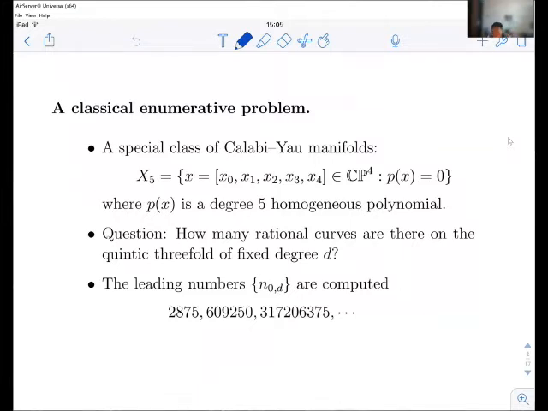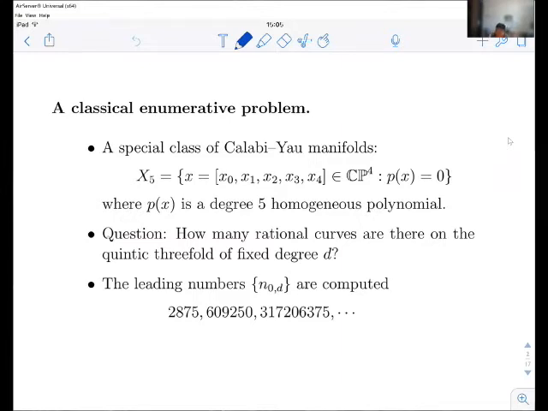We can see they are very large, and if you use the classical way to compute them, it will be very complicated. So this is a classical enumerative problem. We will see later that this problem is also related to our approach to higher genus.